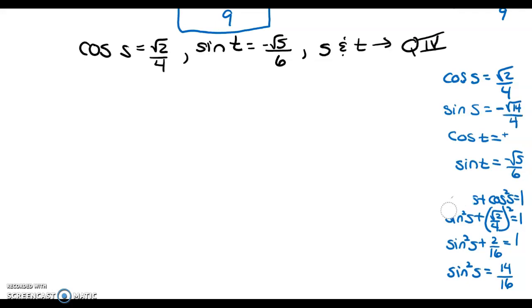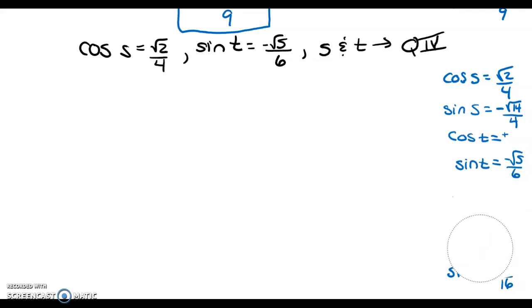So now let's do the same thing, but for t, we will find the cosine of t. All right, so sine squared of t plus cosine squared t equals 1.